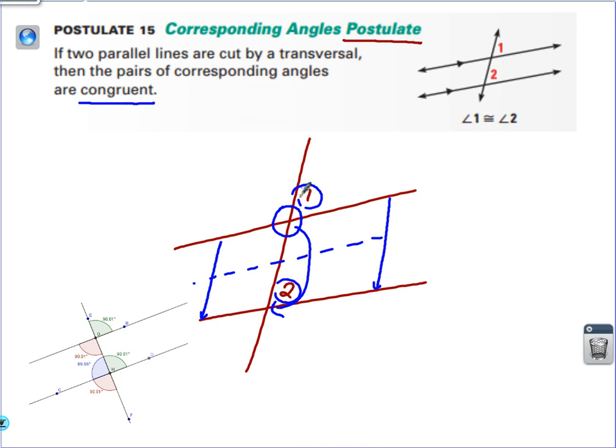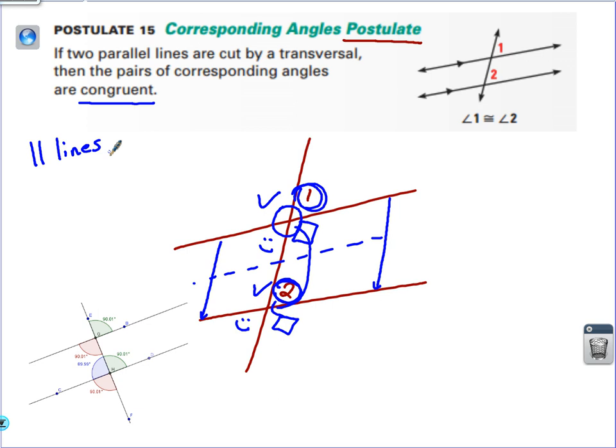So this angle is congruent to this angle. This angle is congruent to this angle. This angle congruent to this angle. And this angle will always be congruent to that angle. Corresponding angles will always be congruent. Here's one way you could write it.